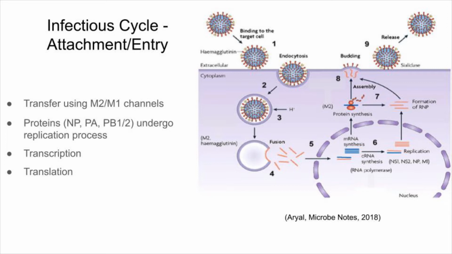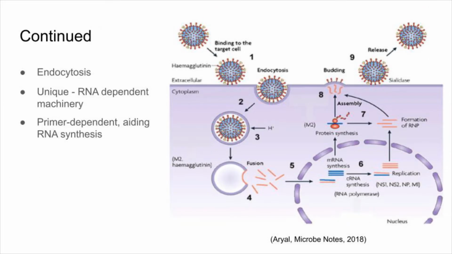In transcription, it will release several different structural proteins, either H1 through 18 or N1 through 11. In translation, it will make a complementary negative sense RNA from a full-length positive strand, which goes more in depth.